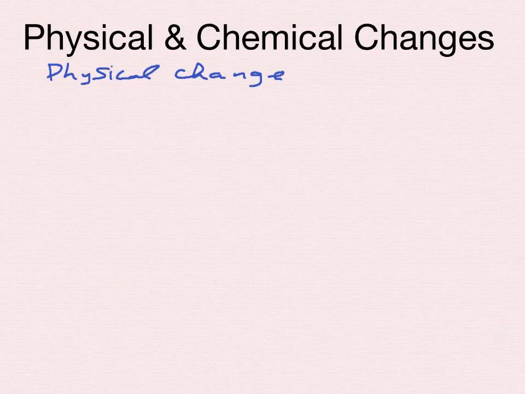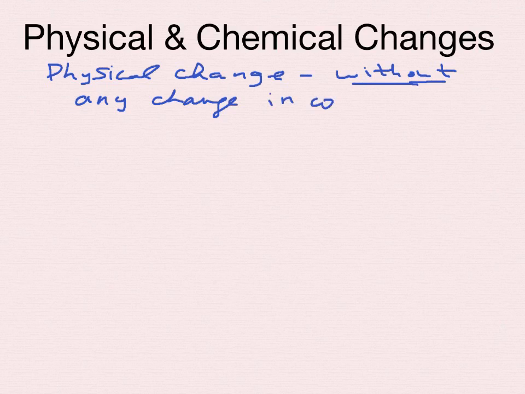Physical changes, basically, are the kind of changes that happen to a substance, but the key is the change will be without any change in composition. Without any change in composition, which means what it's made of, how it's described by a chemical formula, without any change in composition or identity.